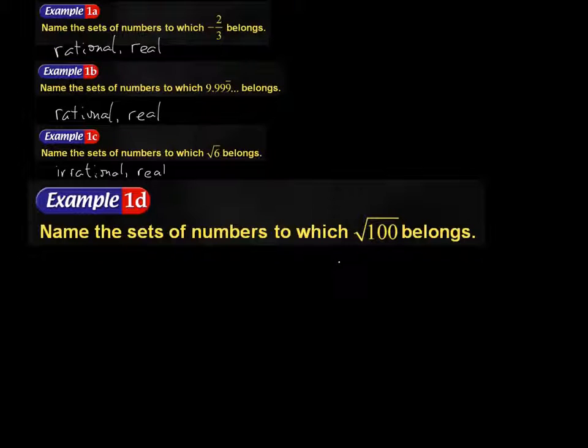The square root of 100 we could simplify to 10, so that's going to go clear in the center of our bullseye. It is a natural number. That's a number we could count things with. So all natural numbers are also whole numbers. All whole numbers are also integers.